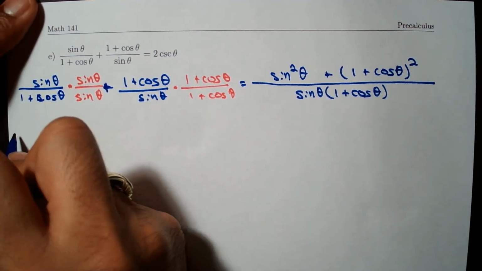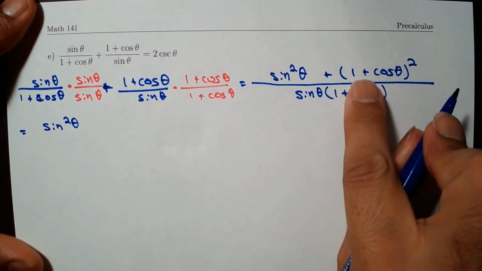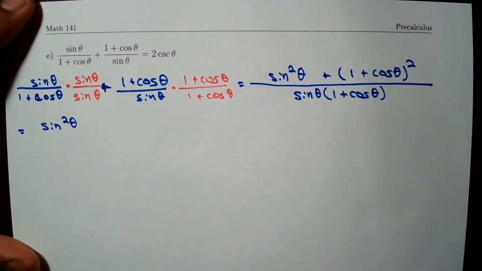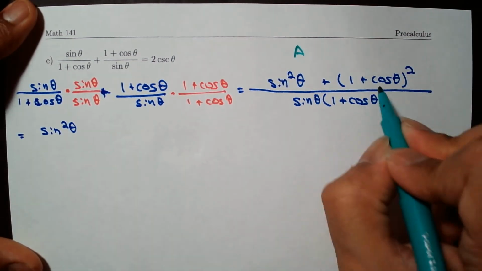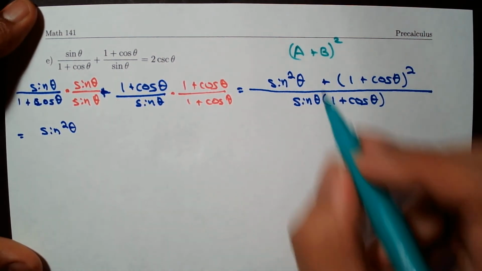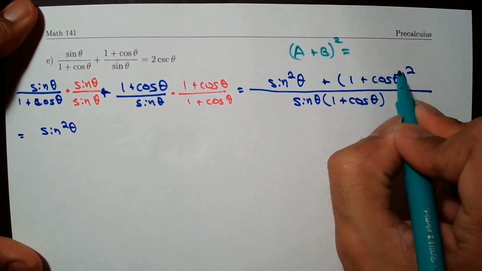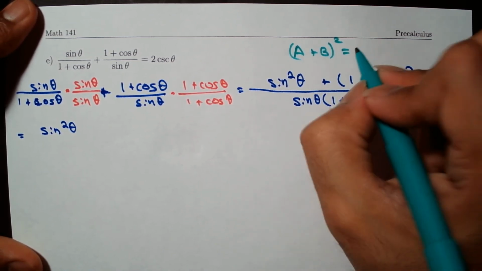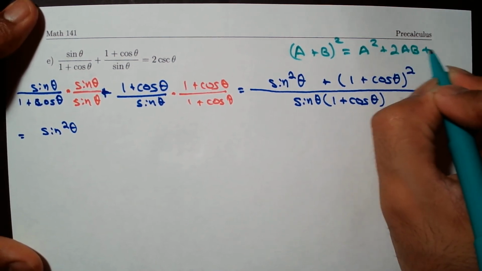Sine squared is simply sine squared. Over here we have a binomial square. You might want to recall the formula for the binomial squared, a plus b quantity squared. If you don't want to FOIL, alternatively, you might want to rewrite it as this quantity times itself and then FOIL, but simply a squared plus 2ab plus b squared.